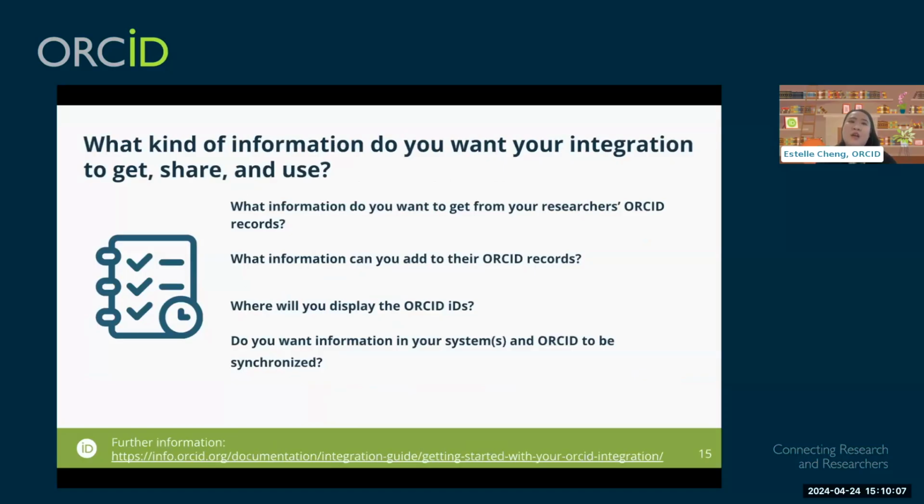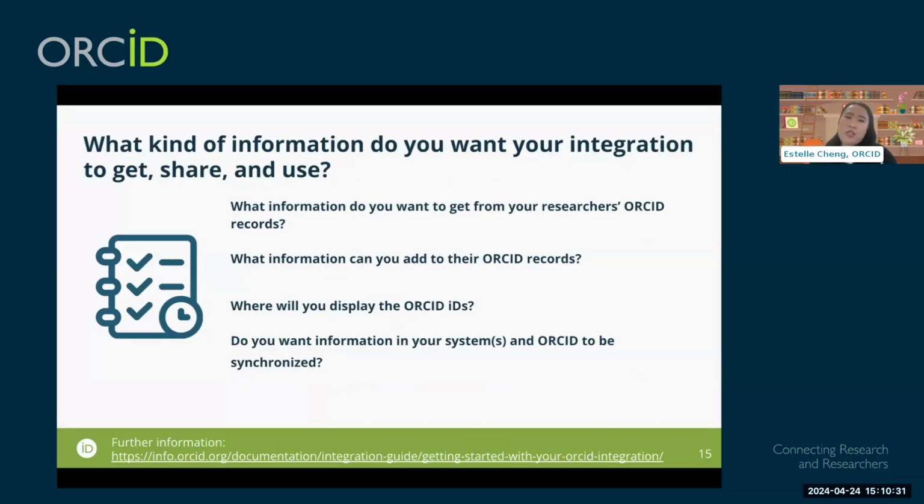Next, it goes a bit deeper. It's about thinking what kind of information you want your integration to get, to share, and to use. As shared in previous slides, you can use the ORCID member API to exchange different types of research information. What information do you want to get from your researchers' ORCID records?